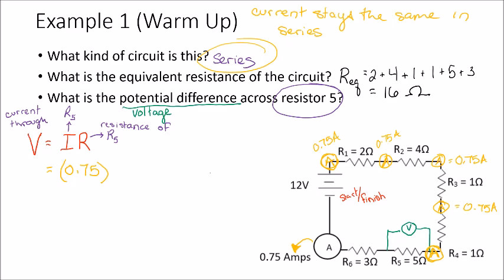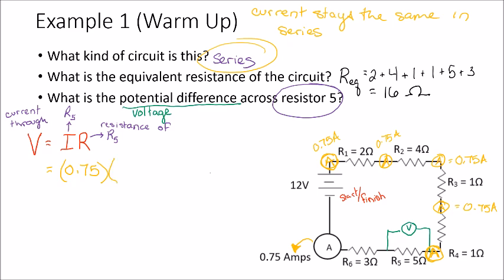And current is like our amount of runners. So if 0.75 amps of current starts out the circuit, then 0.75 amps will go through every resistor in the circuit, and 0.75 amps will be the current at the end of the circuit.